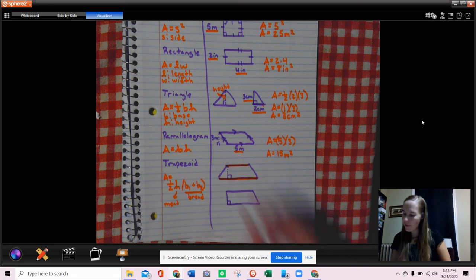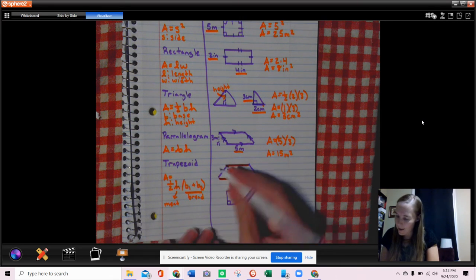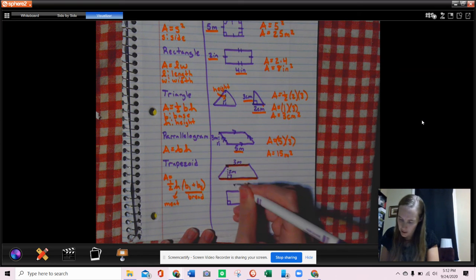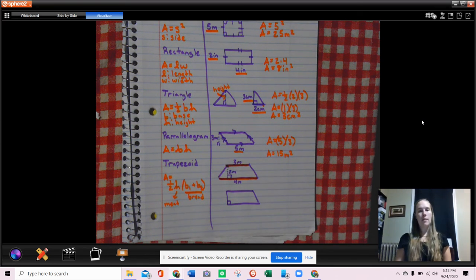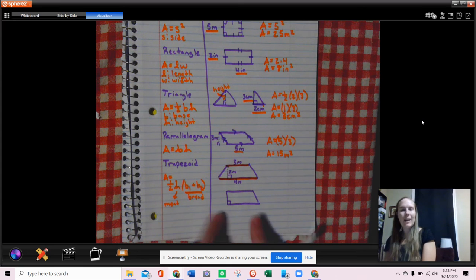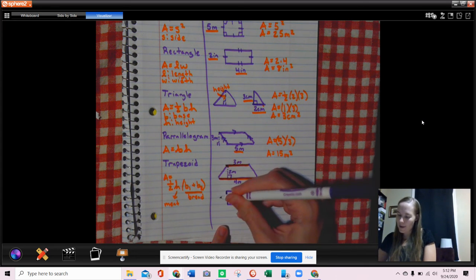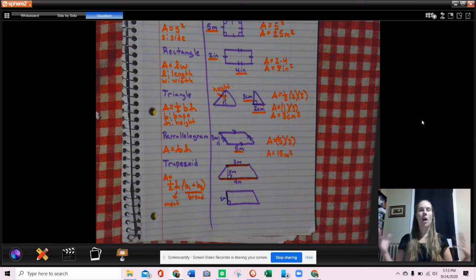So for this trapezoid, I'm going to say that it is 2 meters here, 3 meters here, and 4 meters here. If I was talking about this one, the height would be this line right here. This would be your 2 meters because it already has that right angle. Now let's plug everything in.